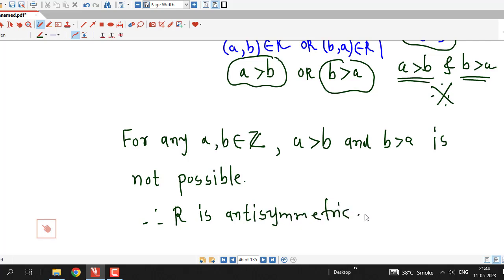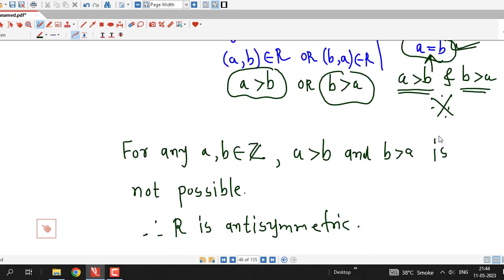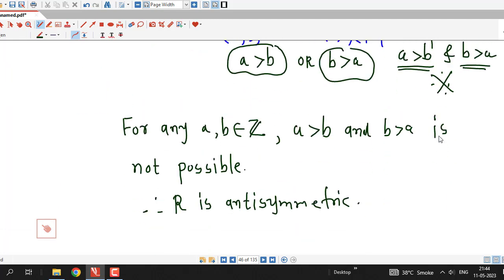R is antisymmetric if whenever (a, b) belongs to R and (b, a) belongs to R implies a equal to b. But here this is not possible. (a, b) belongs to R and (b, a) belongs to R at the same time is not possible. So we don't have to check this. In this way we can check antisymmetry also.